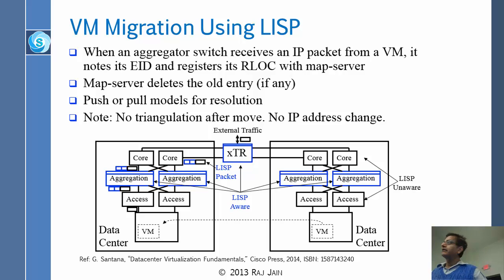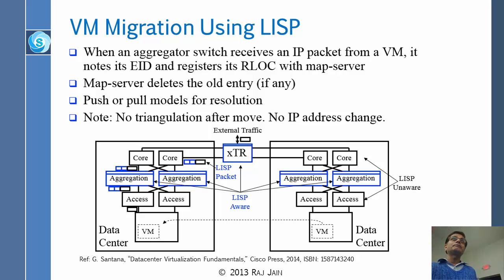Push or pull. Now let's see this thing. Push or pull model for resolution. I didn't explain that part. So when you want to find out where who is, there are two ways. First is to ask, or second is to be told. So when you need to find out where 2.0.0.2 is, you could go to the resolver and ask where it is.